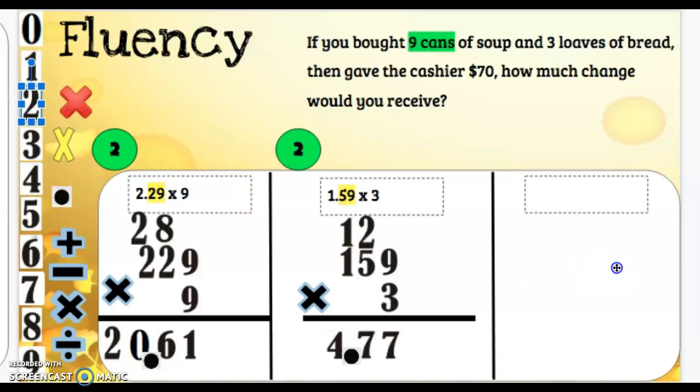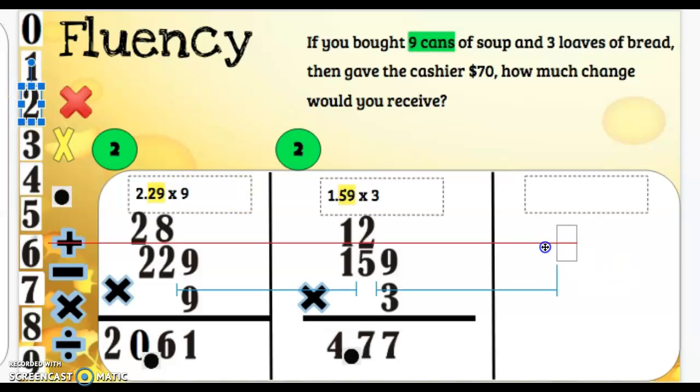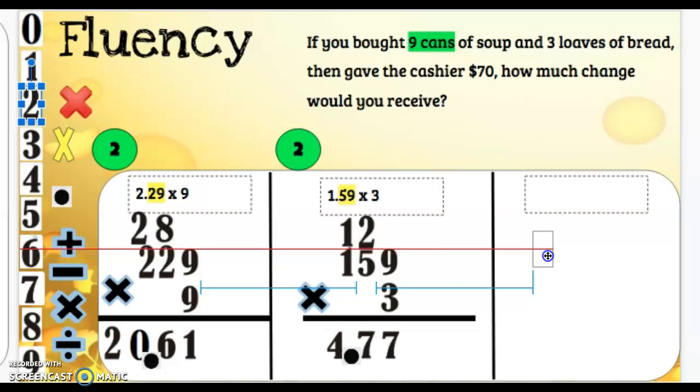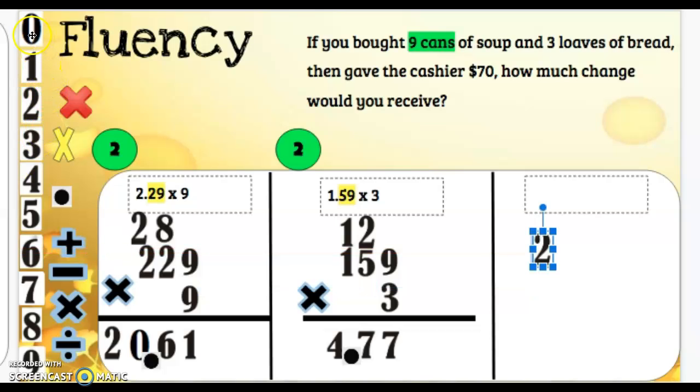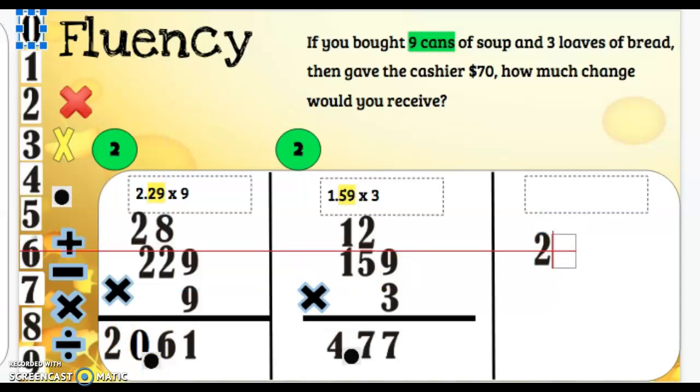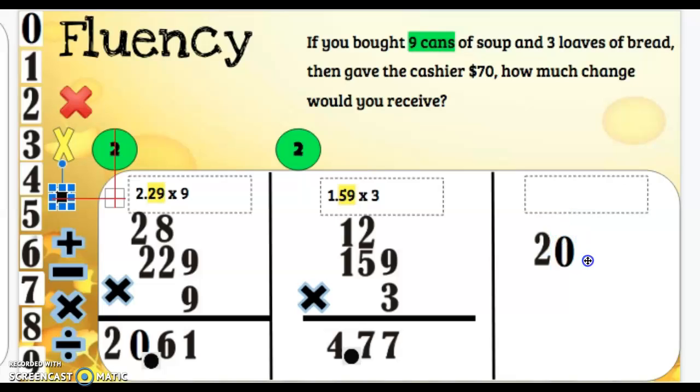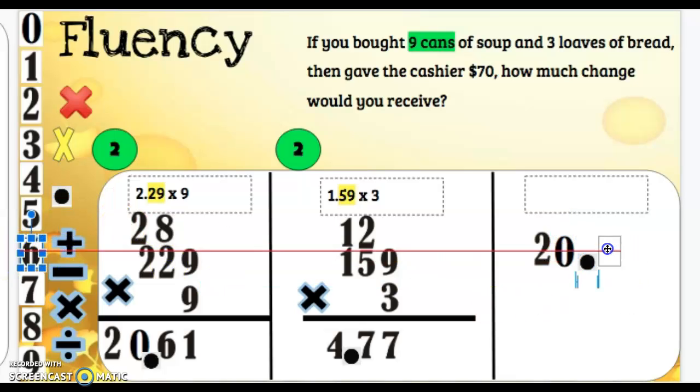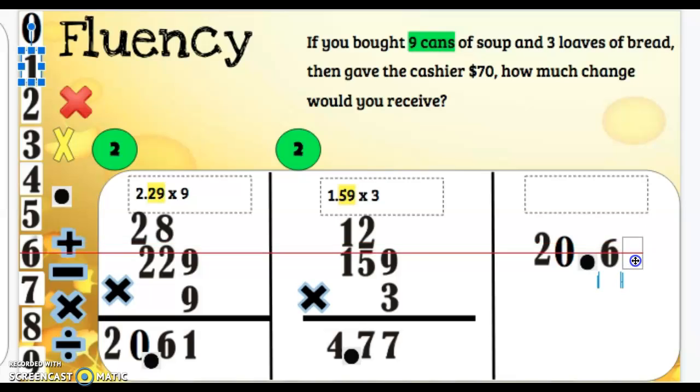So I'm going to add first to figure out how much I spent before I can figure out how much change I'm going to get. So I have $20.61 plus the $4.77.